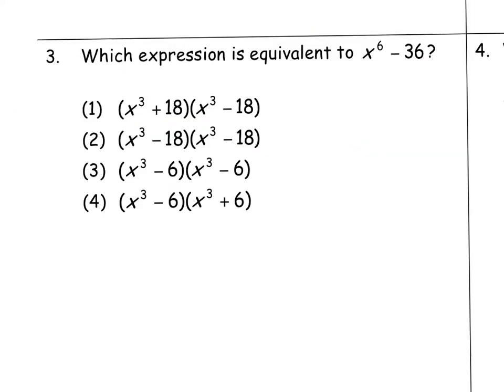Okay, let's take a look at question number 3. So for question number 3, the first thing you guys should always be asking yourselves, very first question for any factoring problem, is there a GCF? So do either of these things have anything in common? All they share is a 1. Okay, so they only share a 1, so that's not really super helpful. Okay, well, the next thing I'm going to pay attention to is the fact that this is a binomial. There's 2 terms. Well, we need to ask ourselves, is this DOTS?